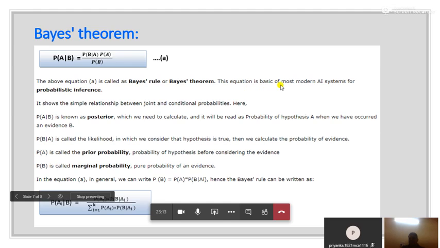This equation is the basis of most modern artificial intelligence systems for probabilistic inference. It shows the simple relation between joint and conditional probabilities.